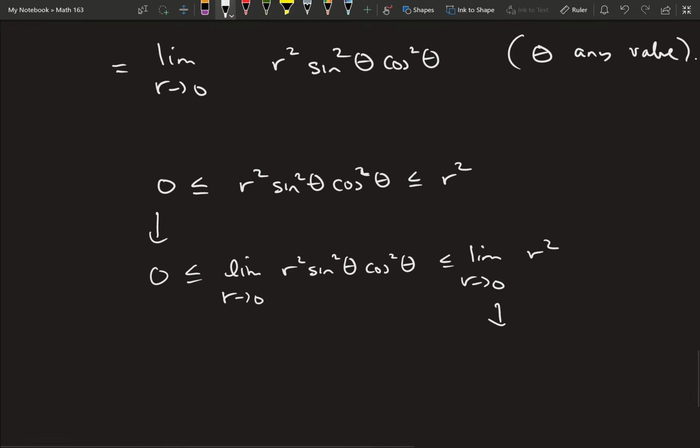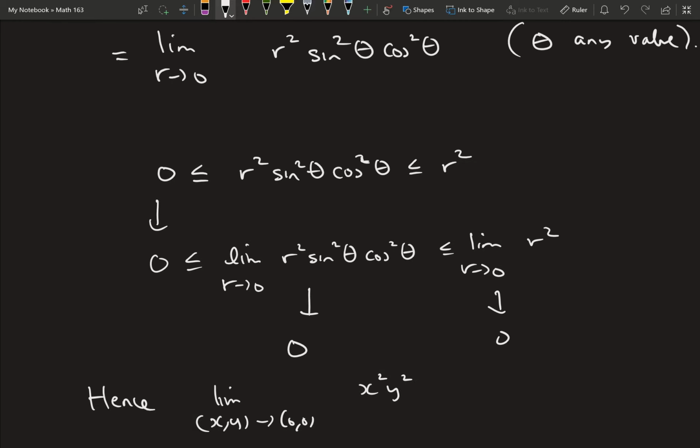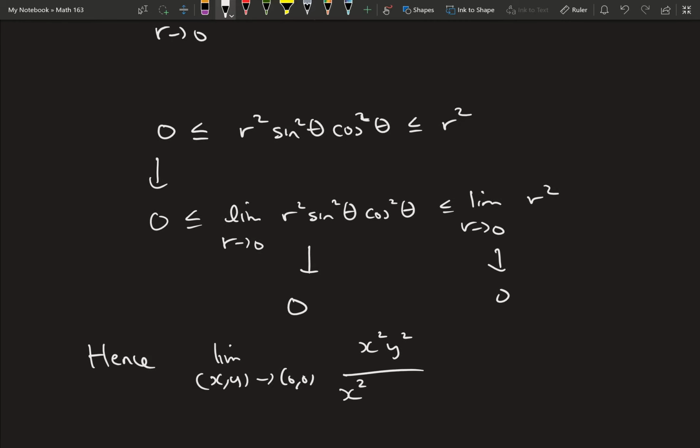Well, this goes to 0, and so by what's called the squeeze theorem, this must go to 0 as well. So hence the limit as (x, y) goes to (0, 0) of x squared y squared divided by x squared plus y squared equals 0.